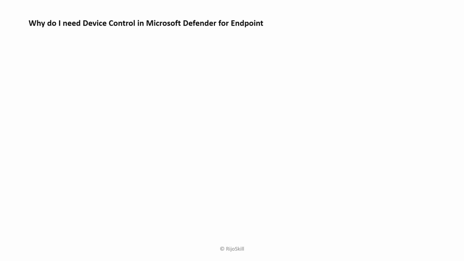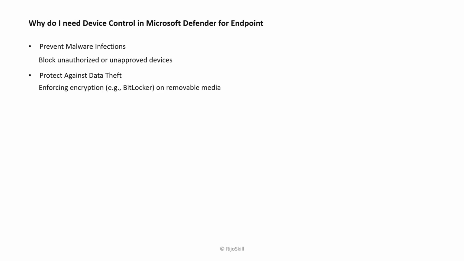Next, we will discuss why you need device control in Microsoft Defender for Endpoint. So what is the importance of using Microsoft Defender for your endpoint? We will discuss each topic. Prevent malware infection: how can you prevent malware infection? Block unauthorized or unapproved devices from connecting to your organization devices, and protect against data theft because you can easily enforce BitLocker encryption on removable media.